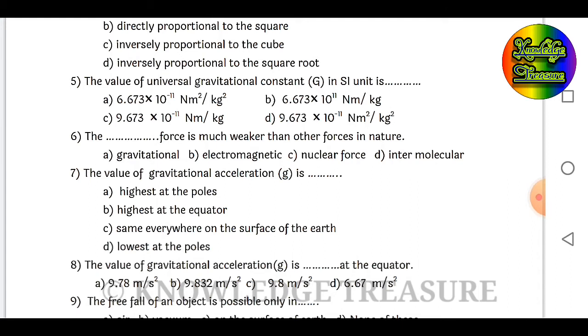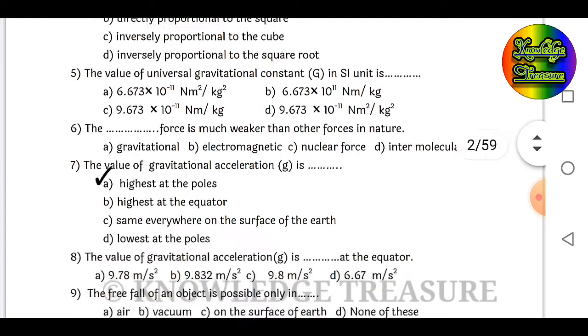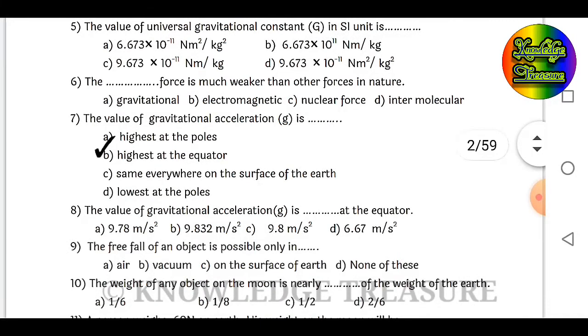The value of gravitational acceleration is dash. A. Highest at the poles. B. Highest at the equator. C. Same everywhere on the surface of the earth. D. Lowest at the pole. The correct answer is A. Highest at the poles.